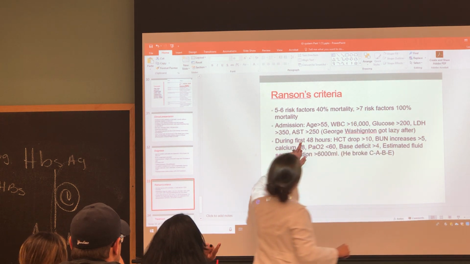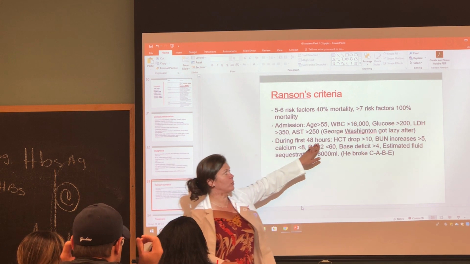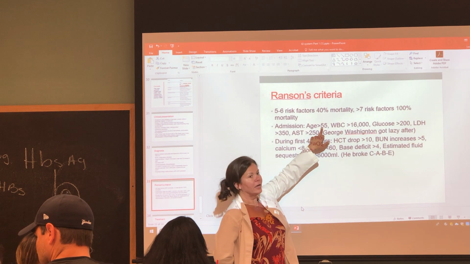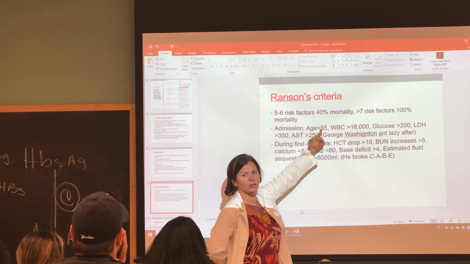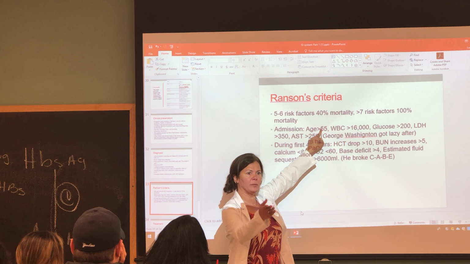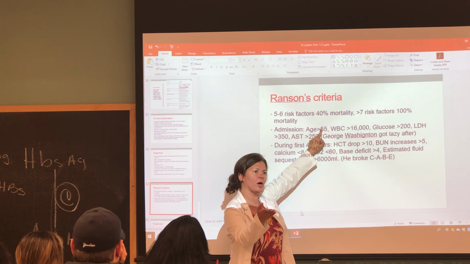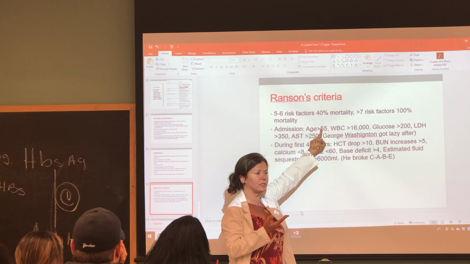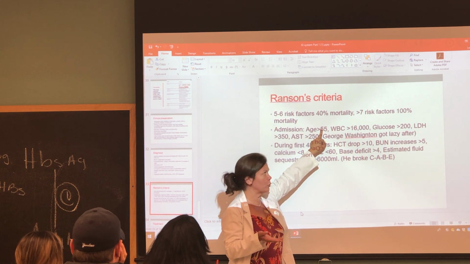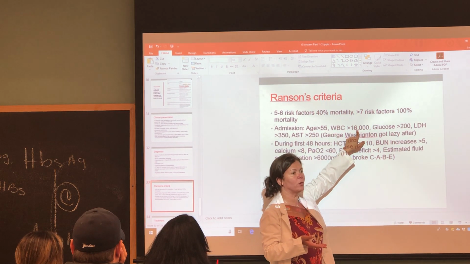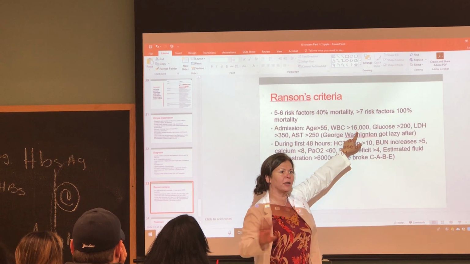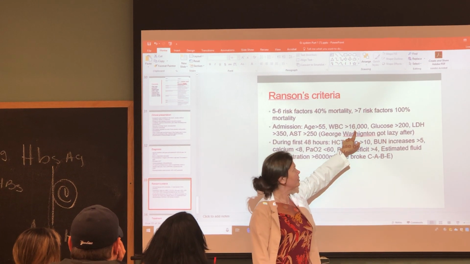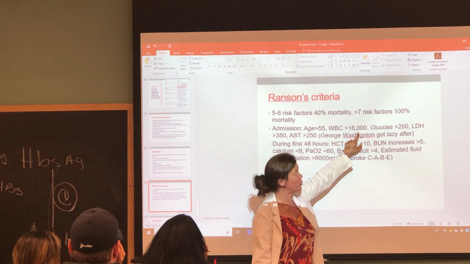Now, you reevaluate the patient 48 hours later, and it's common sense. Listen to me. If you're more than 55 years of age, will you have the same prognosis in any disease process if you are 40 as if I am 78? So it's common sense that the older you are, the worse the prognosis, right? If you're coming in with a 12,000 WBC, anybody can have 12,000, even if you break your leg, right? But the higher the number, the higher the infectious process.